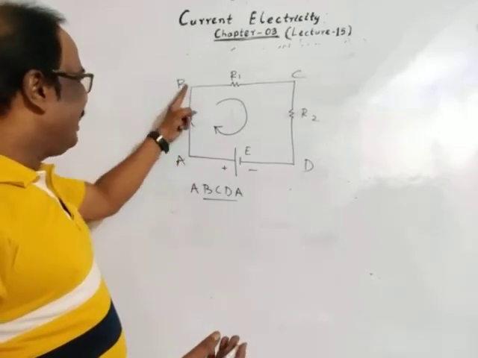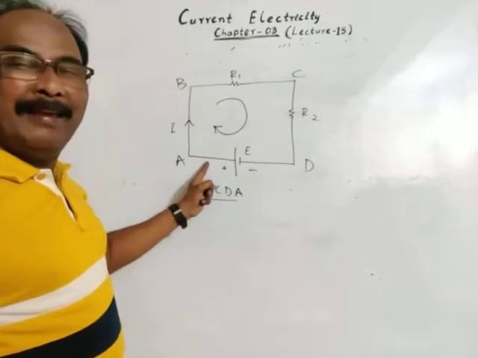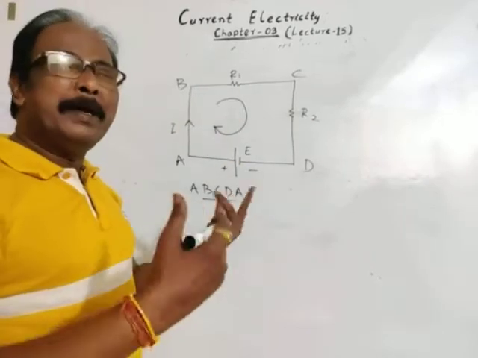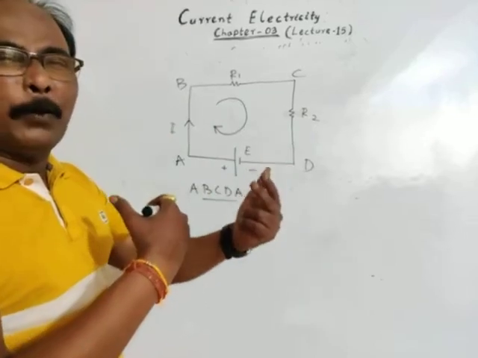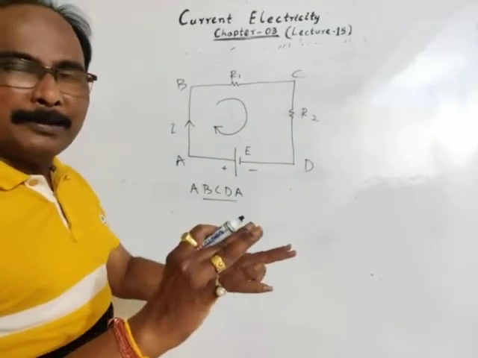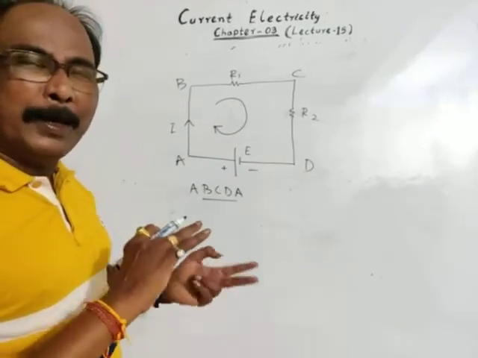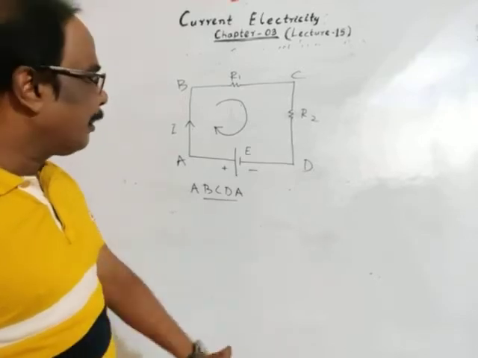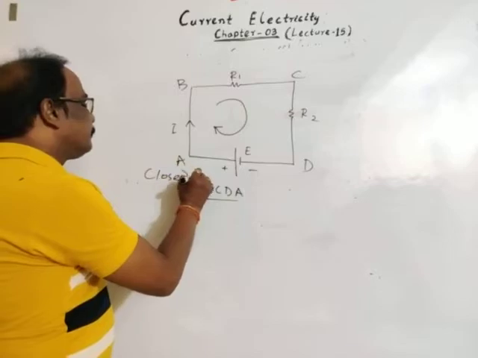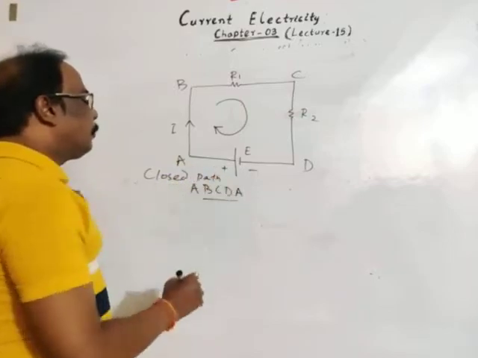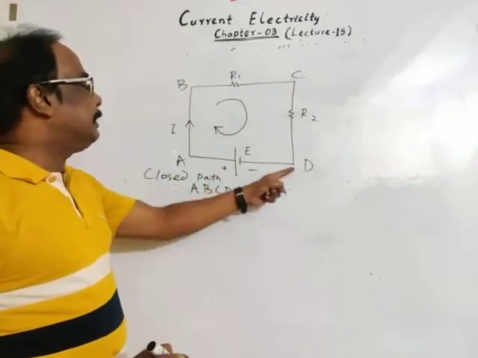You may take clockwise order or anti-clockwise order, it doesn't matter. The answer will be the same. This is a closed path A, B, C, D, A.